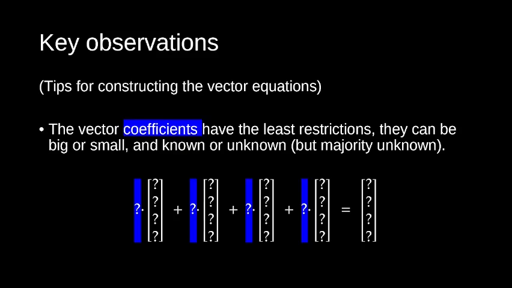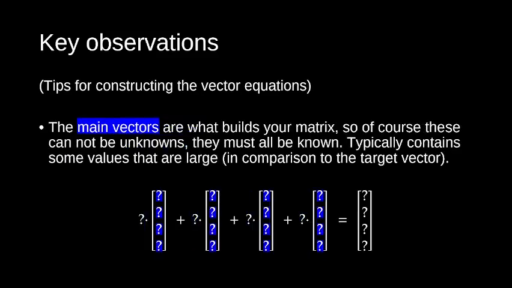Let's just talk about some key observations from the ones we've done so far. So tips for constructing the vector equations. The vector coefficients have the least restrictions. They can be big or small and known or unknown, but usually they're the unknowns you want to solve.